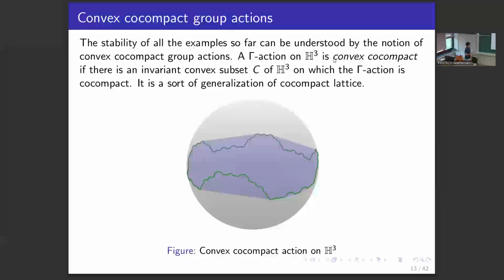But there exists some convex subset. Actually, the convex subset is constructed by just the convex hull of the green line. The green line is what we call the limit set. This is defined by the accumulation points of the gamma orbit.